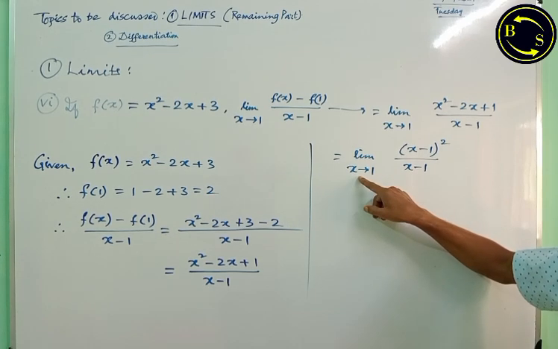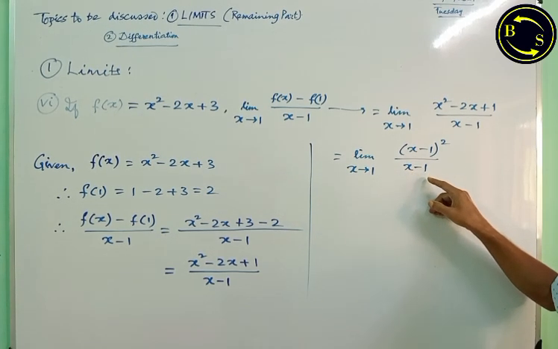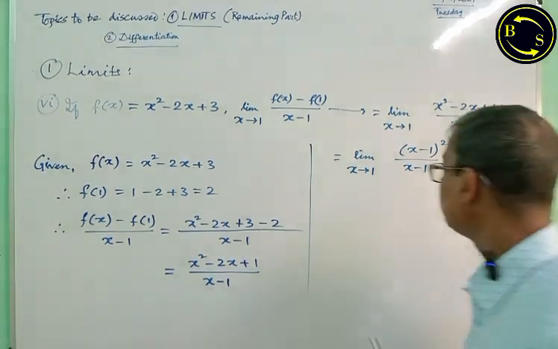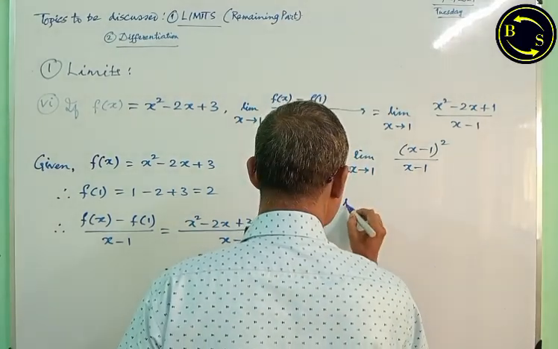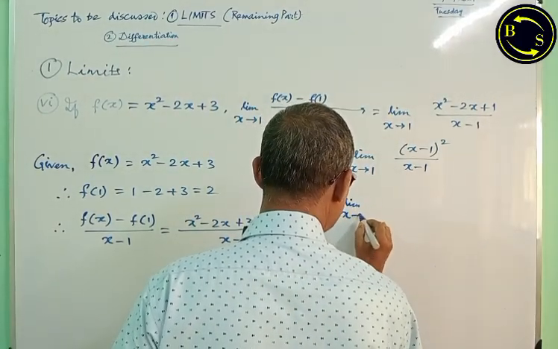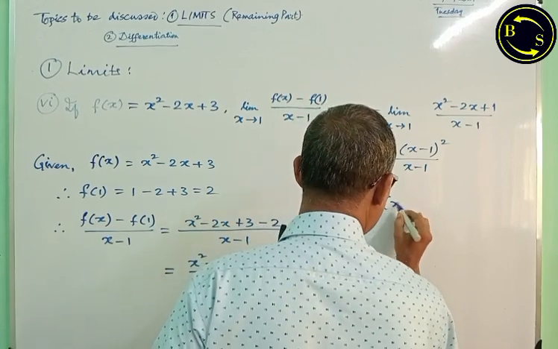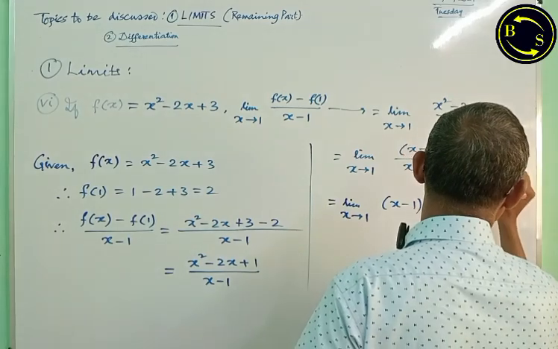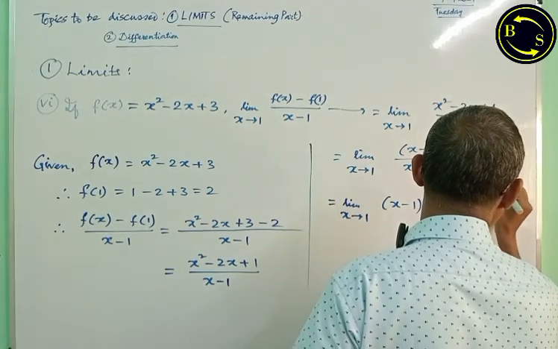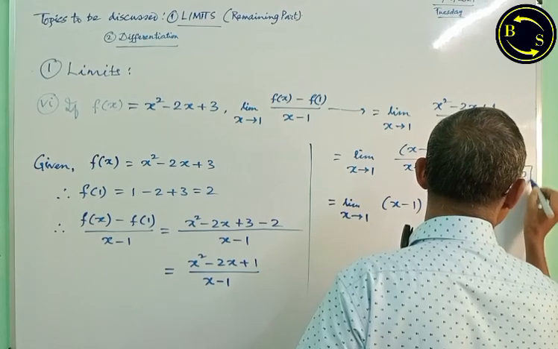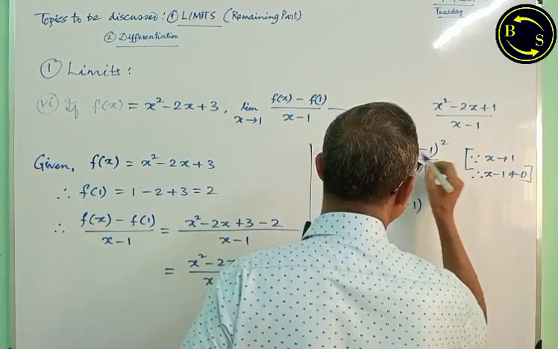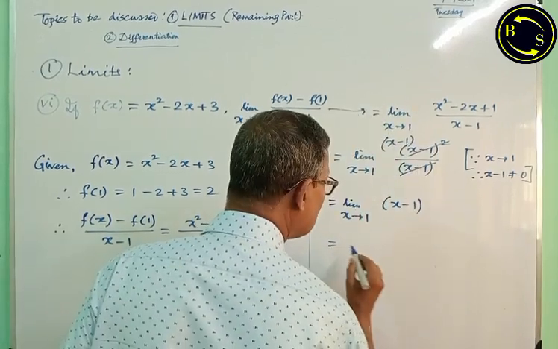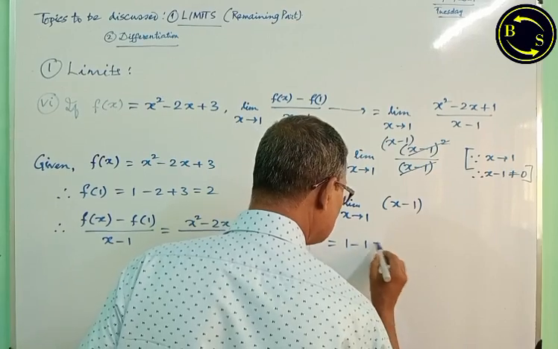This is x tends to 1. Therefore, x minus 1 is not equal to 0. Therefore, we can cancel from numerator and denominator x minus 1. That means limit x tends to 1, x minus 1. Here we mention since x tends to 1, therefore x minus 1 is non-zero. Therefore, we can cancel like this. Therefore, finally the value will be 1 minus 1, 0.